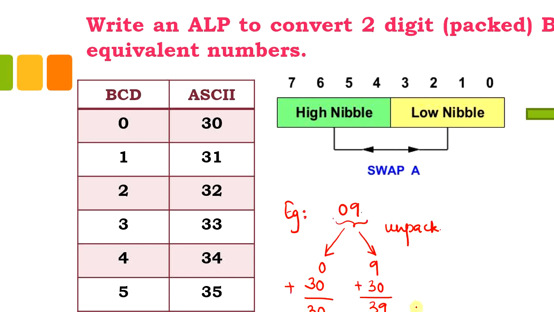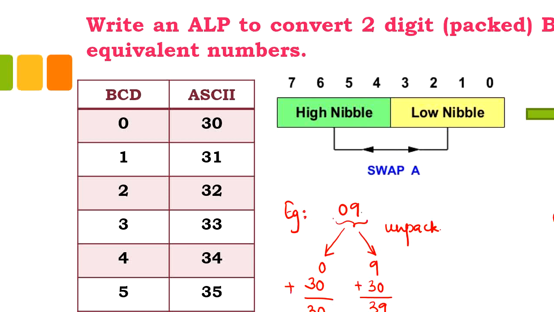Now, because this is a 2-digit packed BCD number and I have BCD numbers from 0 to 9, in this case I can also consider a second example wherein I have 3 and 5. So this is a 2-digit number. I am going to first unpack this.